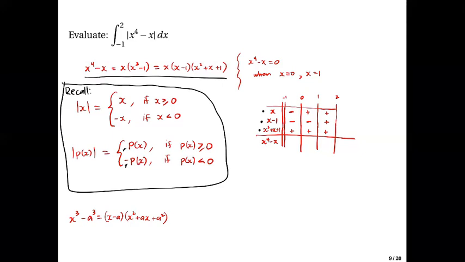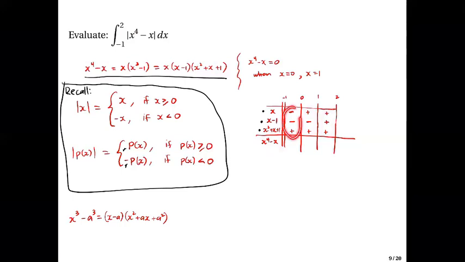So, if you multiply these three, you will get this x to the 4 minus x. The question is, what is the sign of x to the 4 minus x? All you need to do is to multiply the signs.